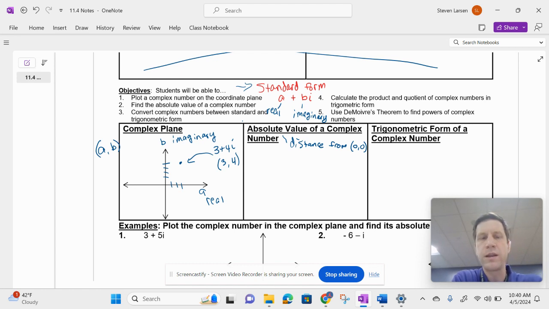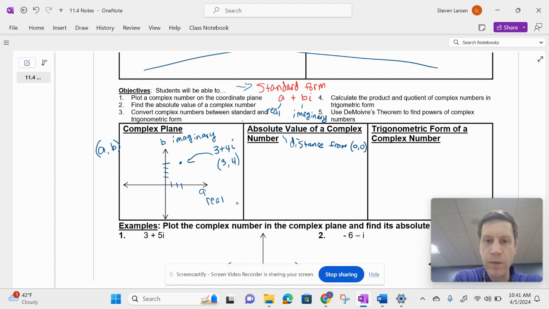And if you think about that, a straight line from the origin to any point is really like the hypotenuse of a right triangle, right? Because we take a rectangular path to get there, straight left and right for my a value, straight up and down for the b value, and then connecting straight from the origin to that point would represent basically a hypotenuse.